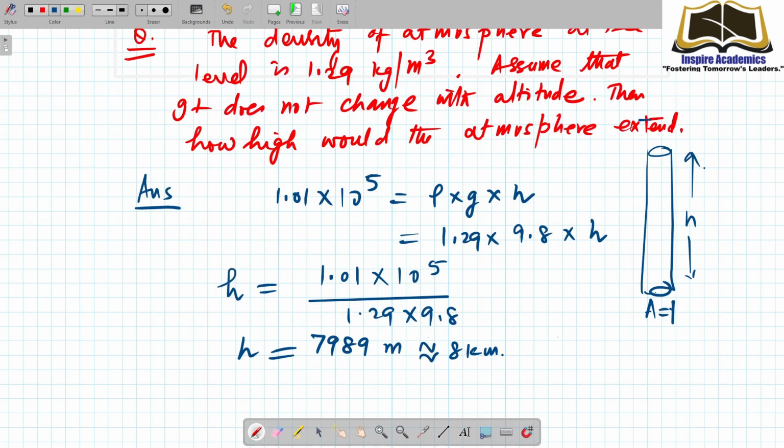All right. So if you take the height of Mount Everest, what is the height of Mount Everest? Do you know? It is 8848 meters from sea level. Now you can imagine that there is no atmosphere there. That's why people have to carry their oxygen cylinders. Getting my point? Okay.